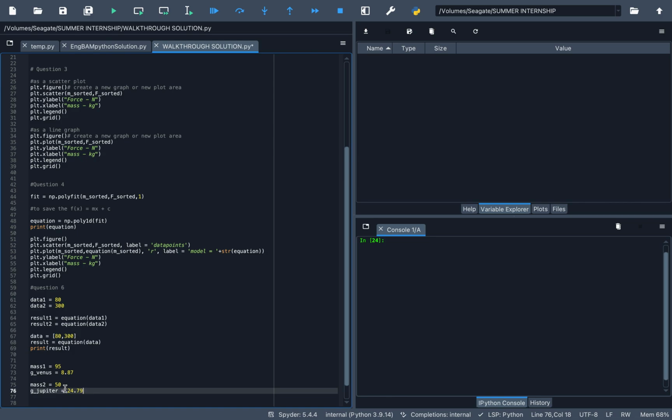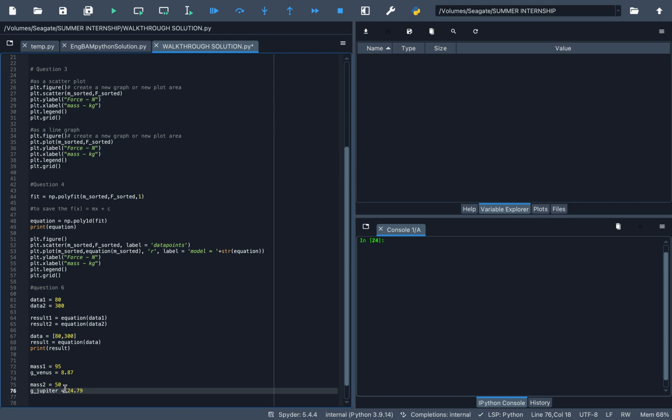Because the equation we got from the previous question is for a different planet entirely, the equation we derived, or the model we derived using Python, is from a different planet which we weren't even given the name. So you can't apply the model of one system to a completely different or separate system.